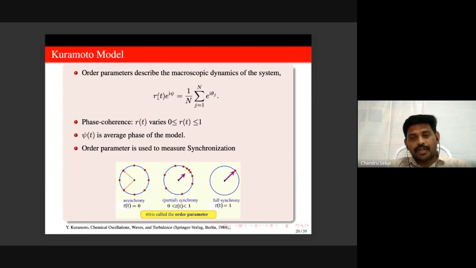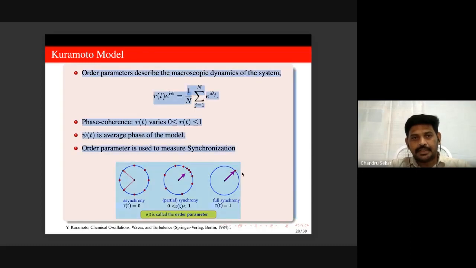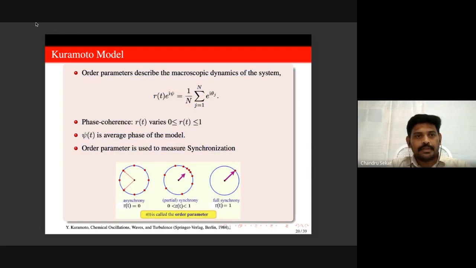In the completely synchronized state, all the oscillators oscillate or rotate with a single frequency and phase. Due to that, R takes the value 1.